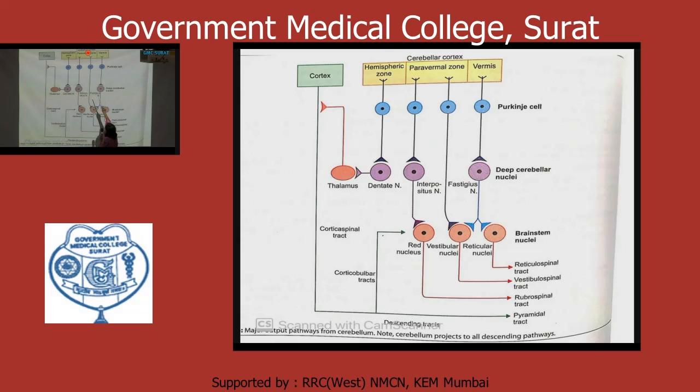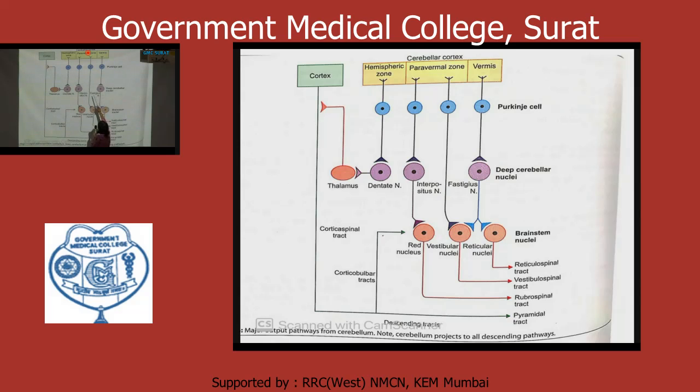From the spinocerebellar region, the output via the Purkinje cells of these regions goes to the interpositus nucleus and the fastigial nuclei. These nuclei are the deep cerebellar nuclei. The output of these two regions goes to the interpositus nucleus and the fastigial nucleus.